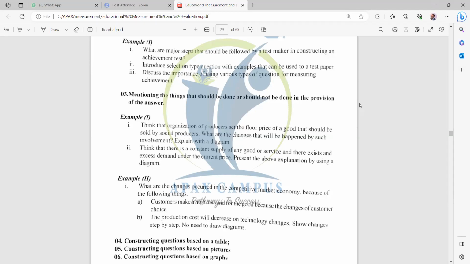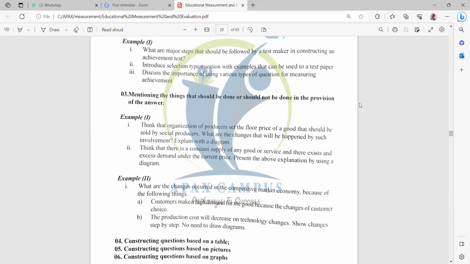So then the marking is easy. Think that there's a constant supply of any good or service and there exists an excess demand under the current price. Present the above explanation by using a diagram. Right? So we are asking them to draw a diagram and then explanation. So then it's easy. We are giving a particular format for them. So they have to follow that.